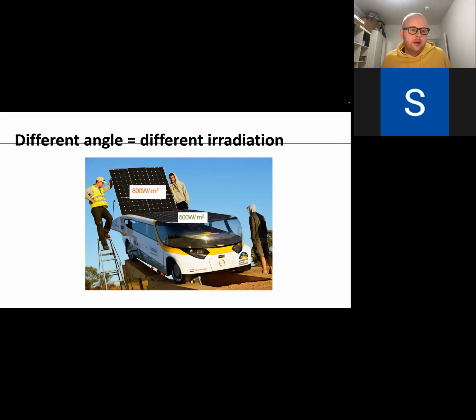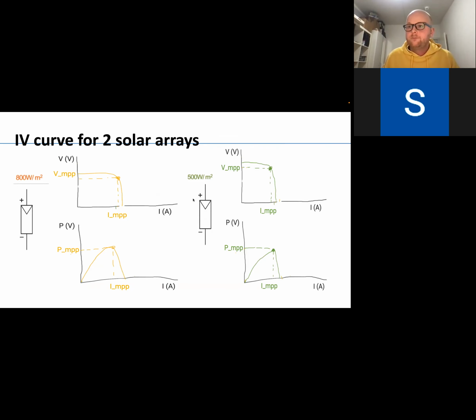I made some maximum power graphs and voltage graphs, and you can see that the solar array that gets less irradiance has a lower maximum power point current, and its maximum power point is therefore also at a lower current.